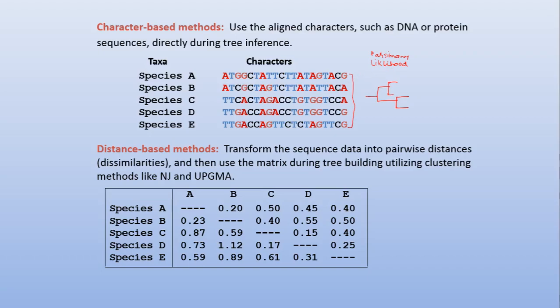Using the character information, we directly generate a tree using these character-based methods like maximum parsimony and maximum likelihood.